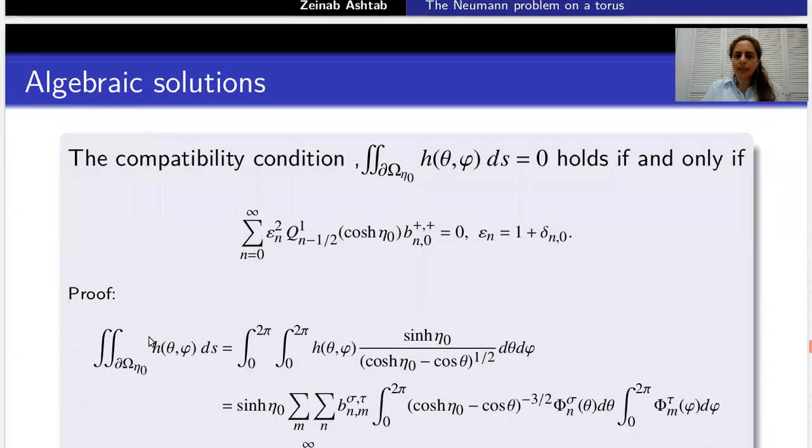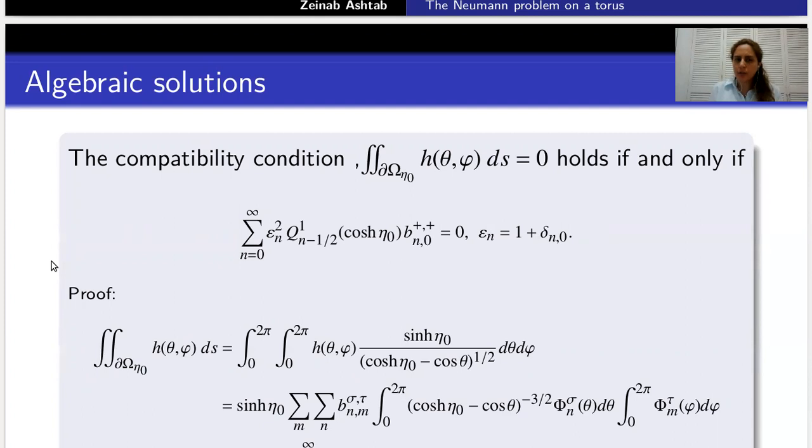So we can say that the compatibility condition on function h applies if and only if this expression is equal to 0.